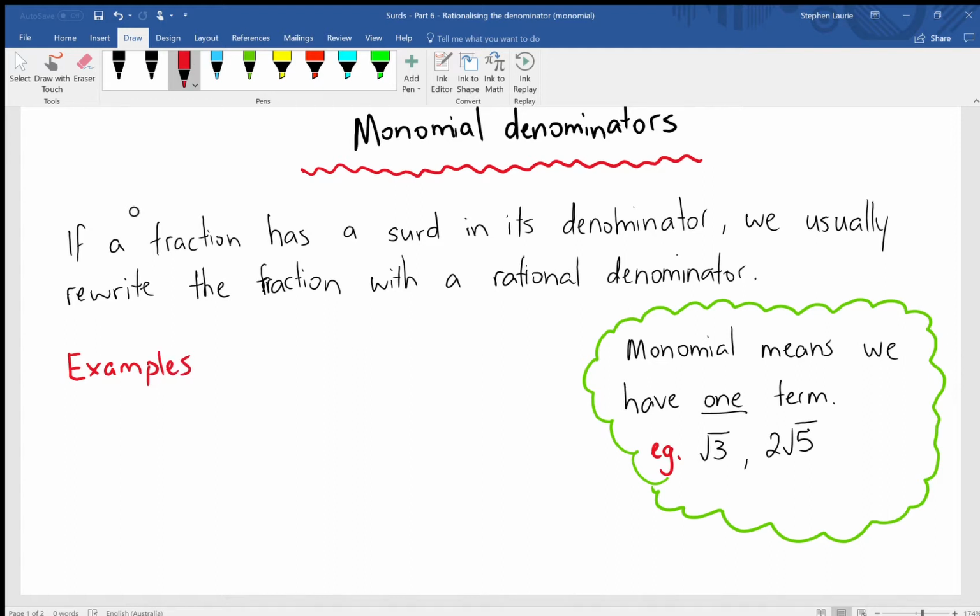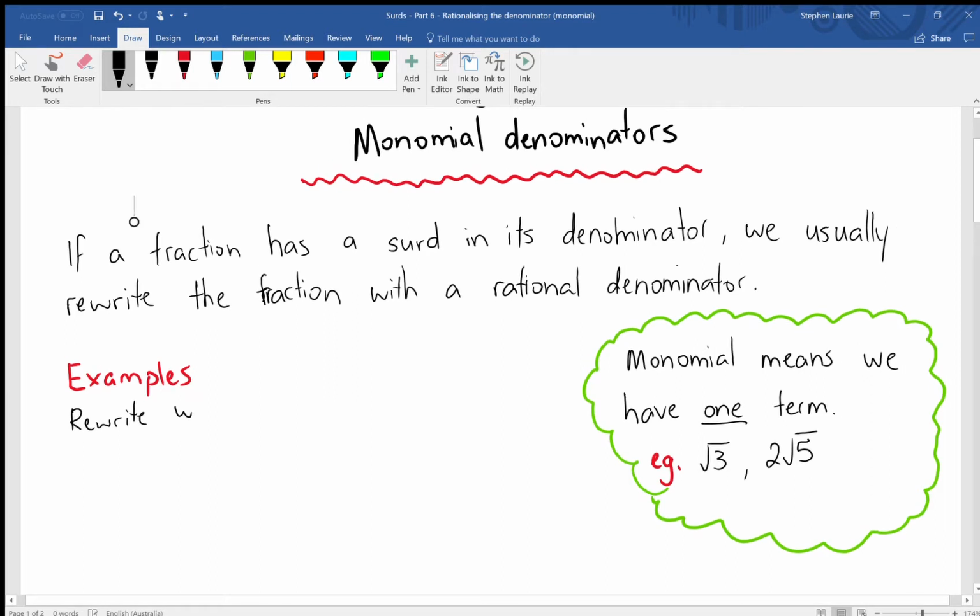Alright, we've got 4 examples today. In each of these examples, we want to rewrite with a rational denominator.